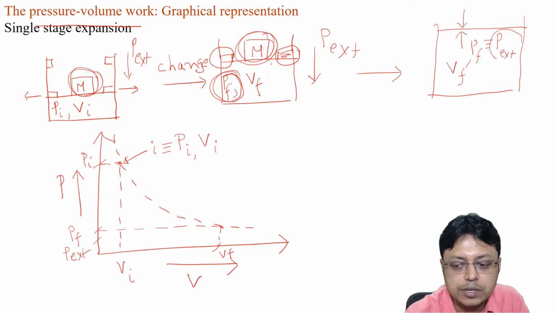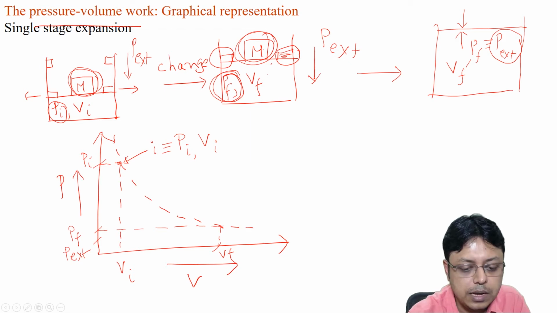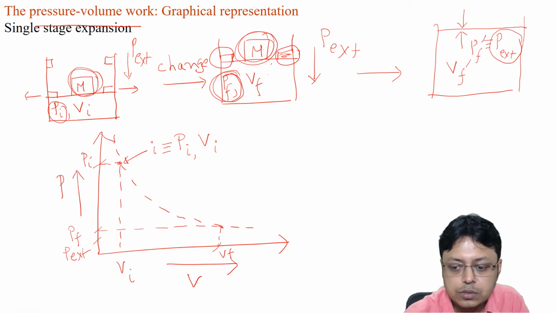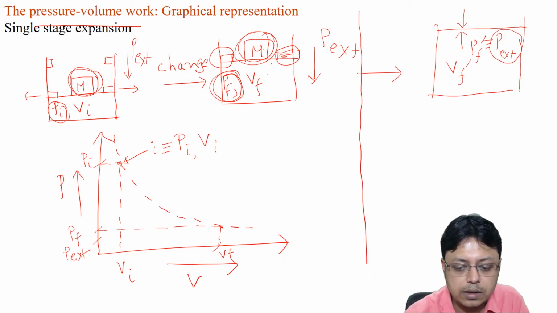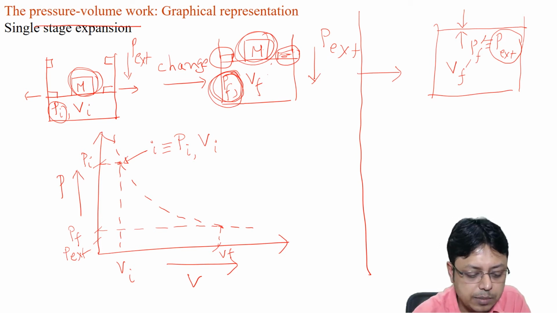Remember, this external pressure was constant throughout, but the pressure of the gas is changing from Pi to Pf to say Pf prime. So we can think about two different situations, but let us first confine ourselves to this situation where the pins were intact and the pressure of the gas was slightly higher than the external pressure. So the external pressure is somewhere here. Now what is the expression for work?